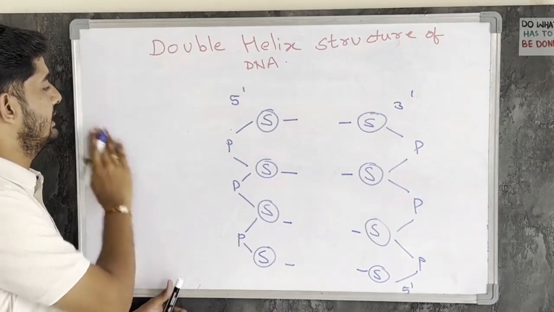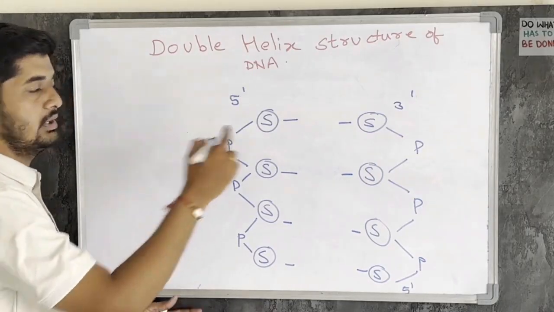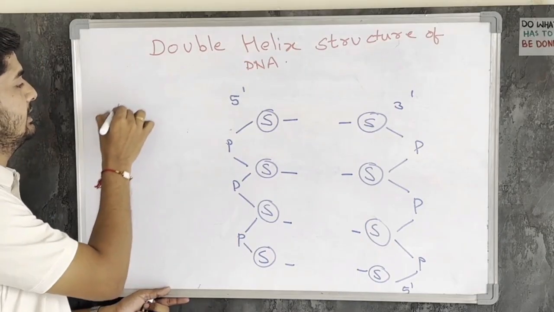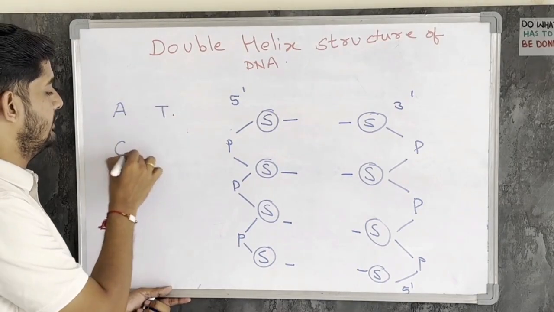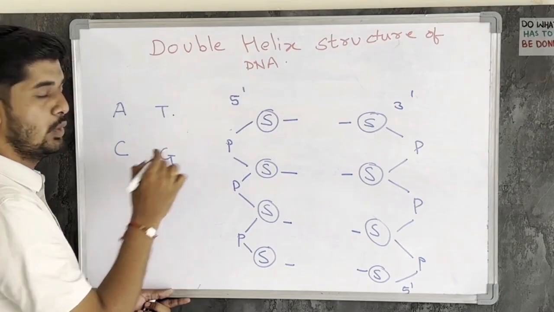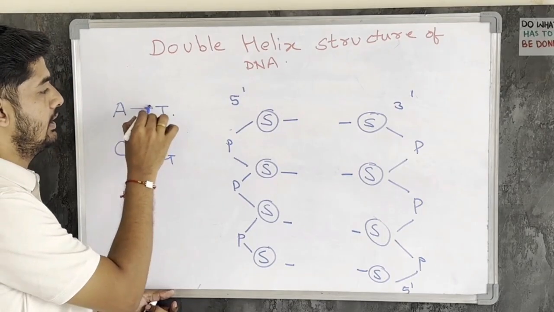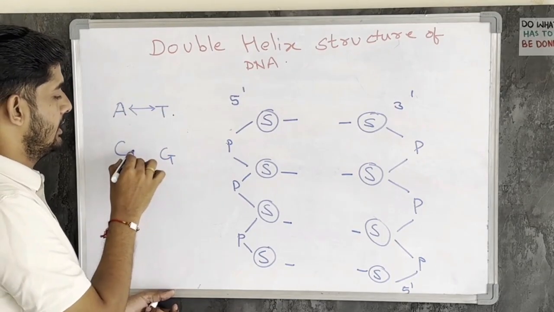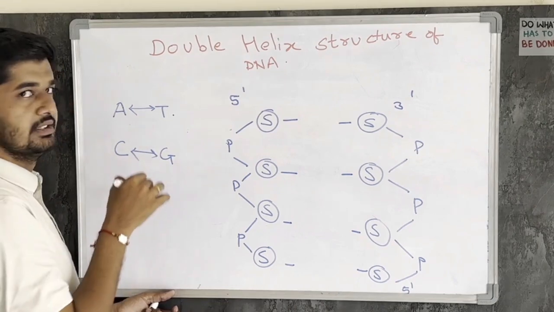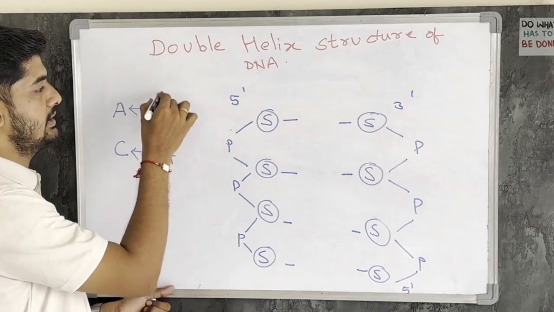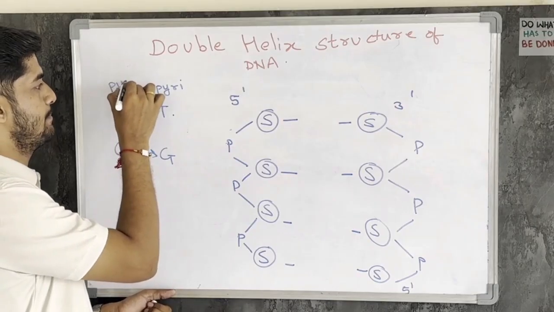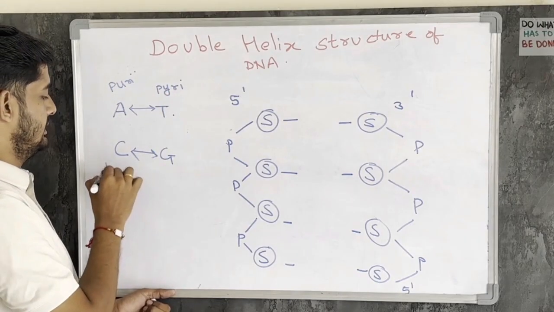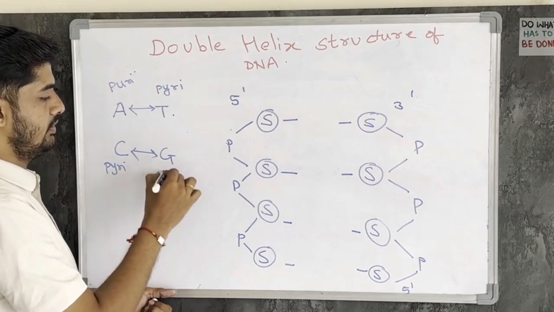The next feature is that among the nitrogen bases, adenine will always form a bond with thymine, and cytosine will always form a bond with guanine. So adenine and thymine, cytosine and guanine. This is thymine, the pyrimidine, and this will be the purine. Cytosine is our pyrimidine, and this will be our purine.